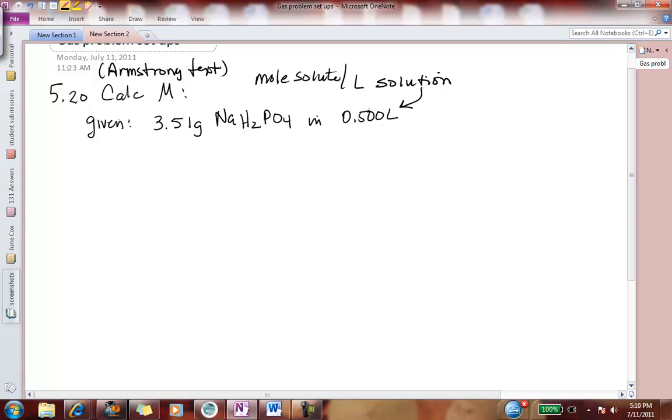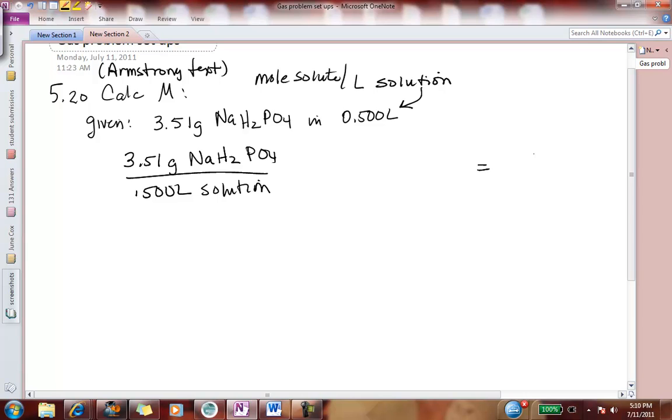We don't know the moles of the solute, but we do know the grams of the solute. So if we simply set up what we have, we've got 3.51 grams of sodium dihydrogen phosphate in 0.5 liters of solution.